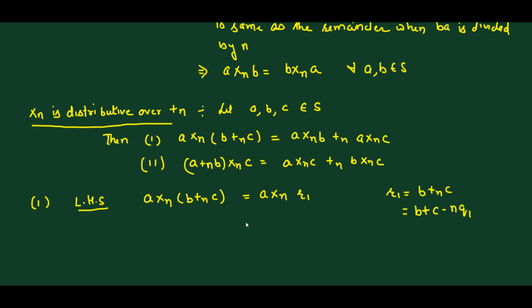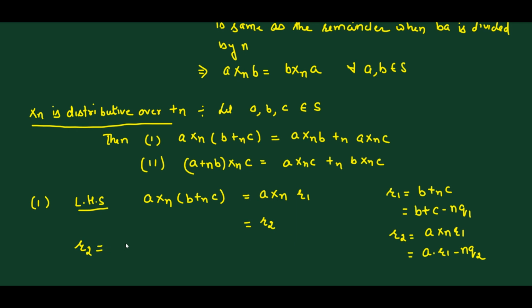Now let A combined with R1 be R2. Then what is R2? It is the remainder when A into R1 is divided by N. Suppose Q2 is the quotient here. So retrace the steps.